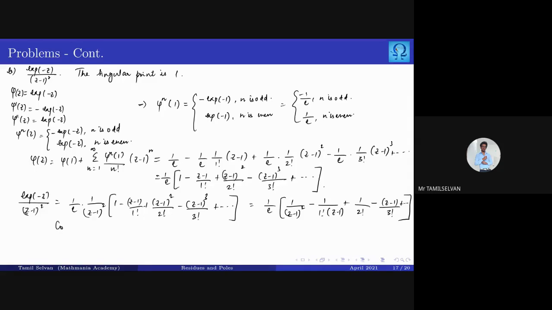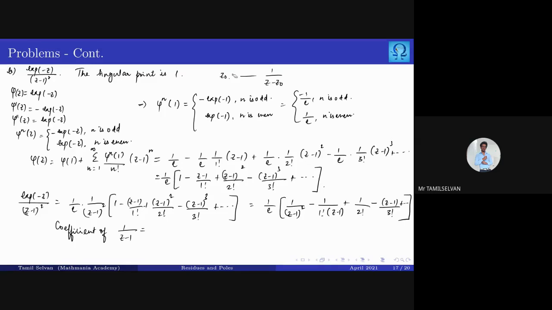Now we'll have to find the coefficient of 1 upon z minus 1. Since we are looking for the residue at the point z equals 1, we have to look for the coefficient of 1 upon z minus 1. If it is about a general point z naught, then we look for the coefficient of 1 upon z minus z naught.